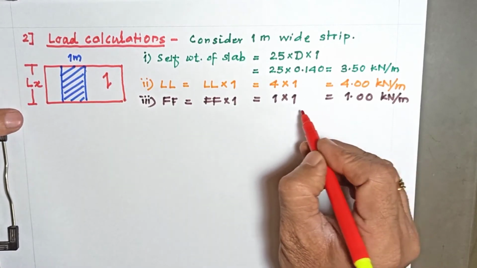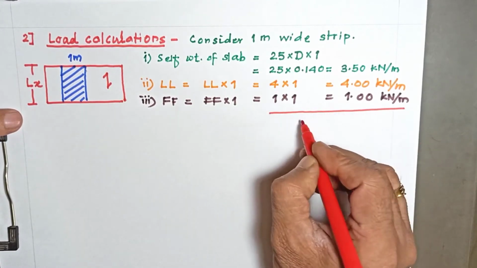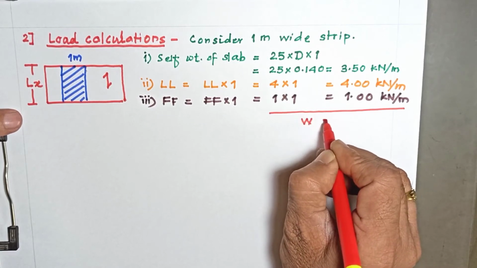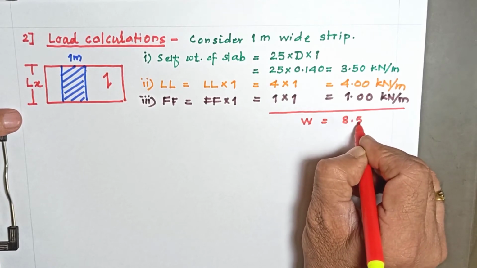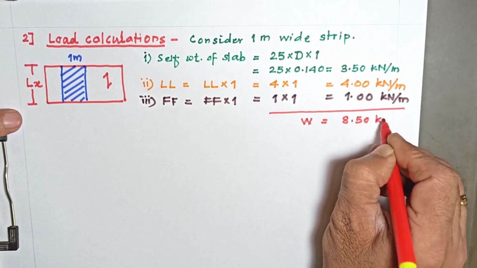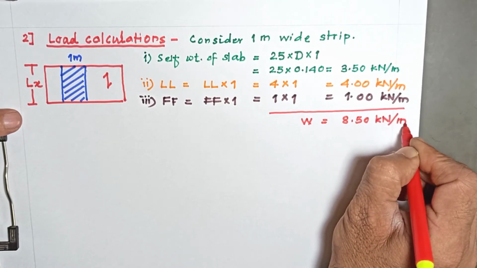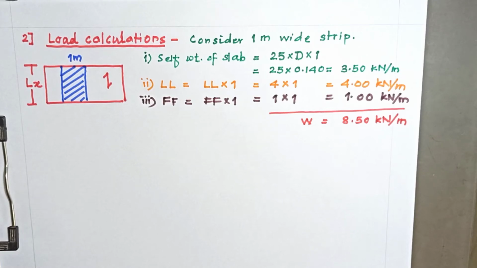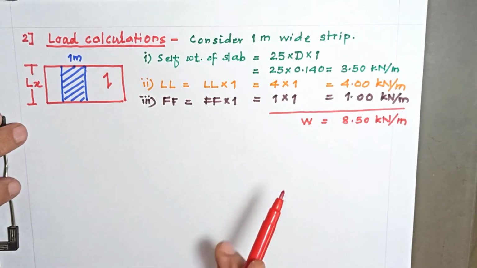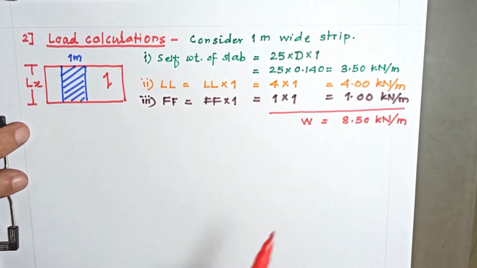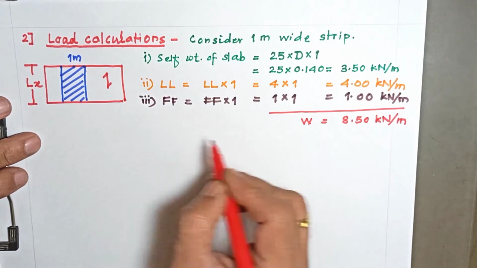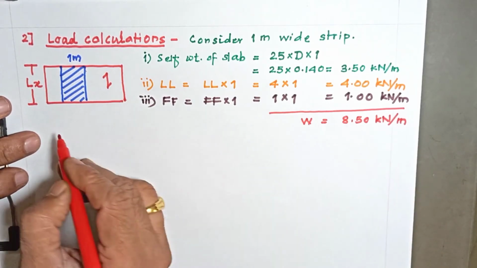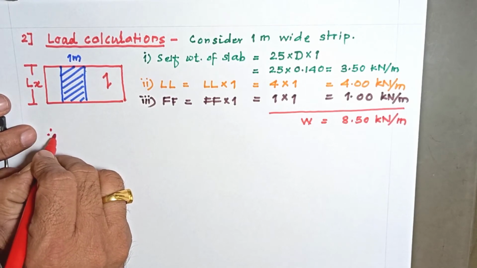If you add the three, you will get total weight W is equal to 8.5 kilonewton per meter. Okay? Now, in every type of design of slab, you will have to calculate the load, and for that purpose, if you use this formula, you can save the time. So this is W, and what is a design load or ultimate load?